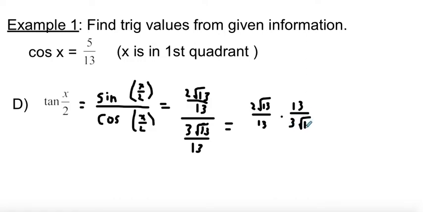And then you can look diagonally and see if anything can cross out. And I'm going, oh yeah, square root of 13s can go. And the 13s can go because it's all multiplication and division. And so then if I multiply my numerators and multiply my denominators, what do I end up getting? I end up getting 2/3.